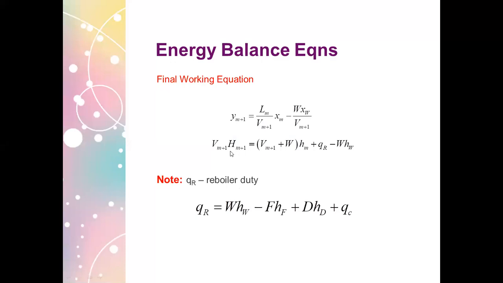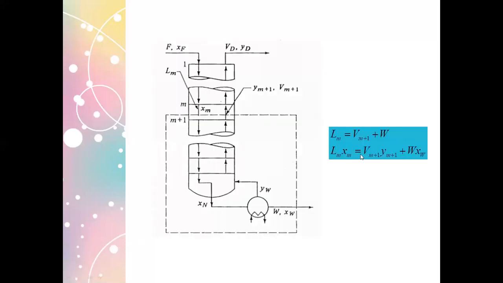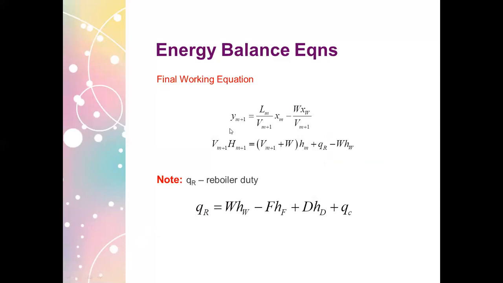This is your final working equation. This should be here, class. They were interchanged. This is the operating line taken from the division of this equation by L sub M. So that would be your operating line. Rather, transferring the W, x sub W in here, dividing it by V sub M plus 1, that should give you the operating line equation, this one.